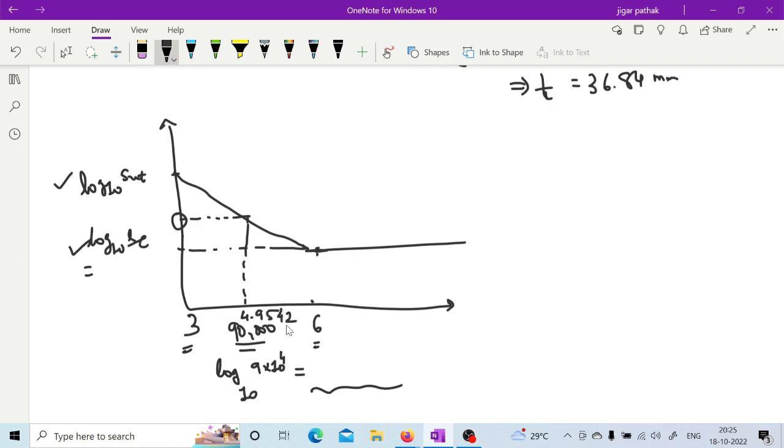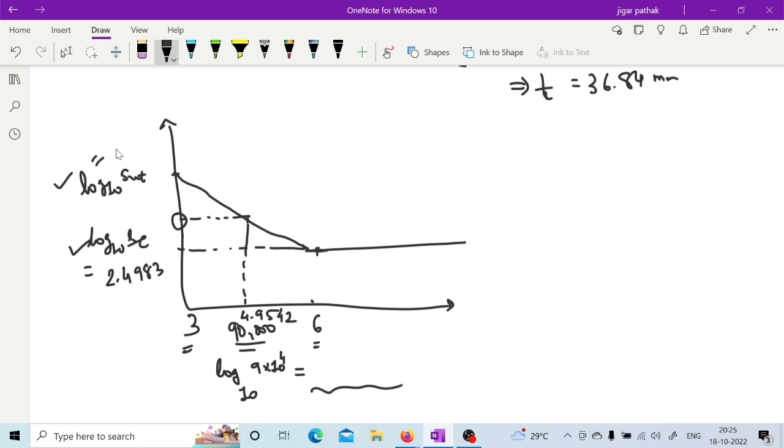And similarly log 10 SE is what? 2.4983. Okay. And similarly this log 10 SUT.